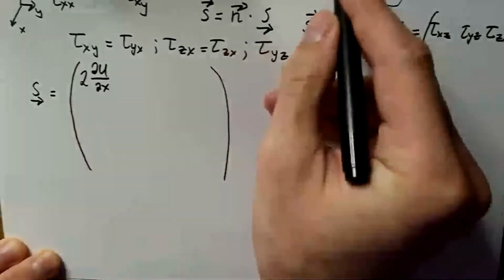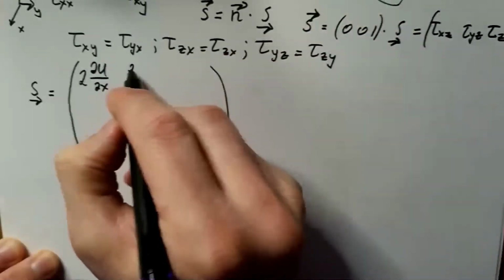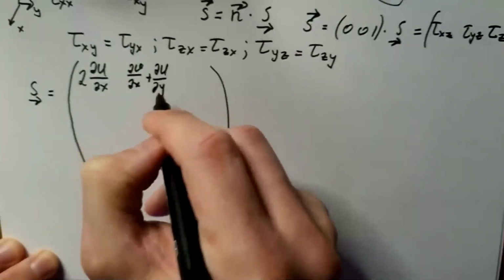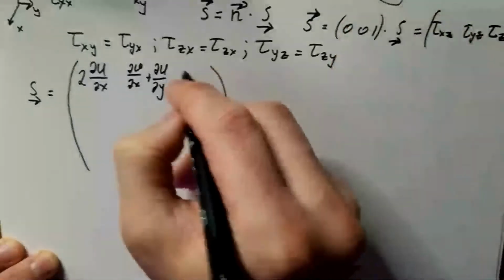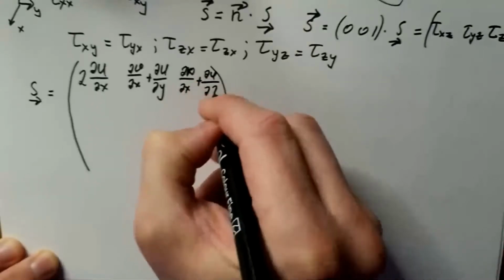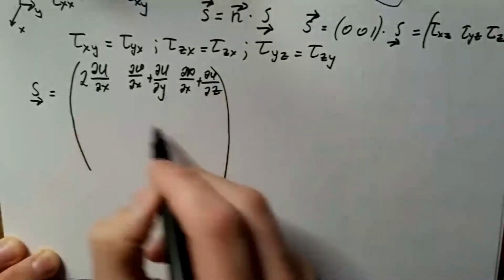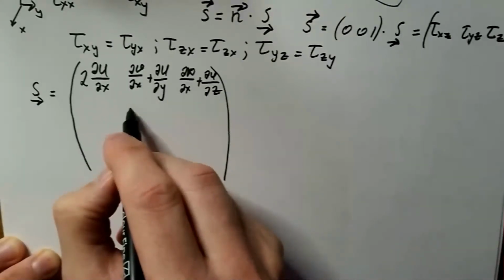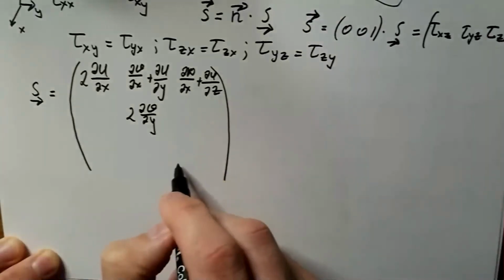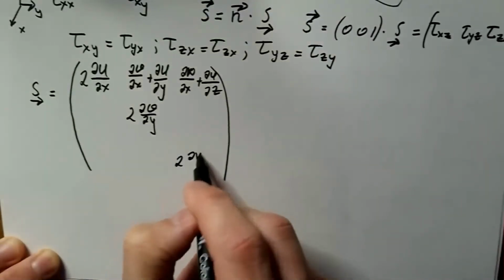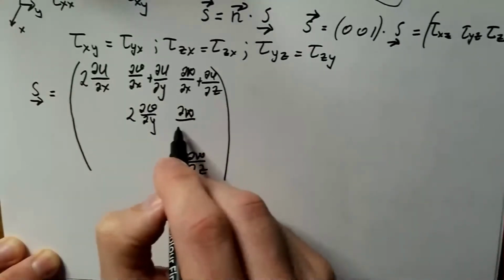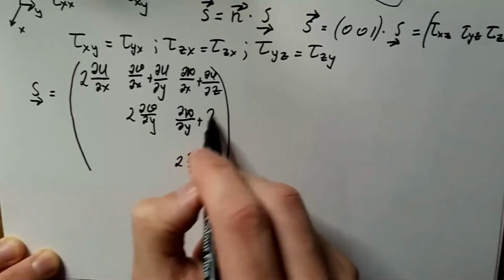The second term, we derived it explicitly, is delta v over delta x plus delta u over delta y. And the third term becomes delta w over delta x plus delta u over delta z. Then I'll put diagonal terms first. This one is 2 delta v over delta y, and this one is 2 delta w over delta z. And the term here is delta w over delta y plus delta v over delta z.